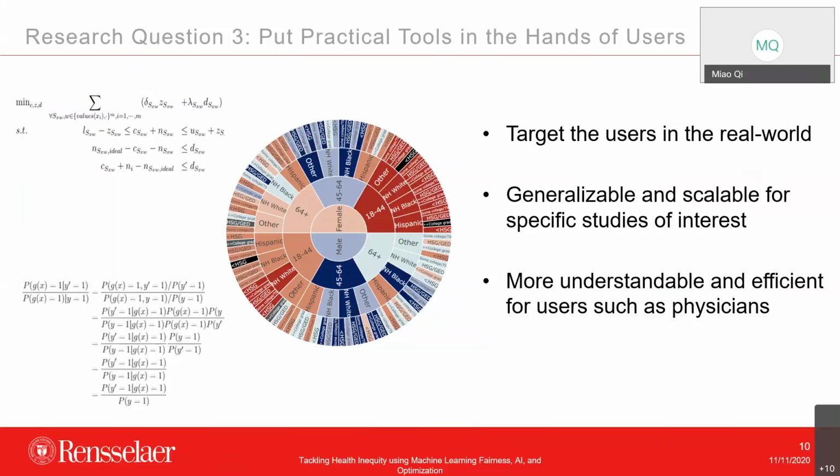And finally, designing a tool with some visualizations is more understandable and efficient for users, such as the physicians, like the figure shows here. Actually, the top equation here, the optimization problem, is solved in my research to optimize equity in the recruitment plan.